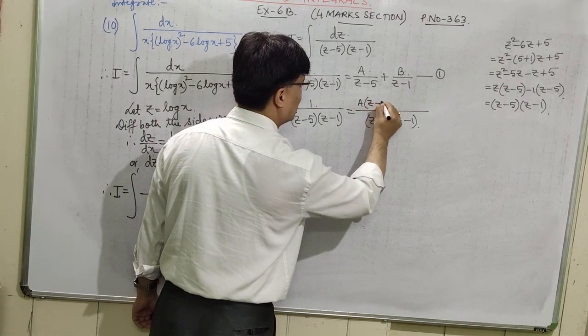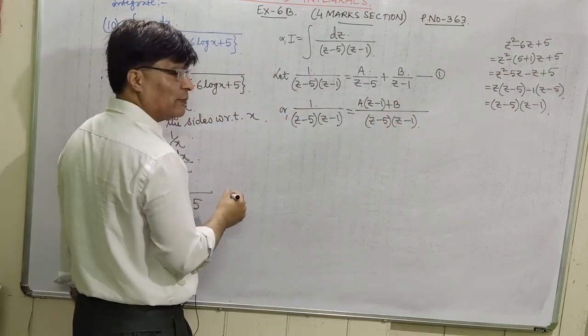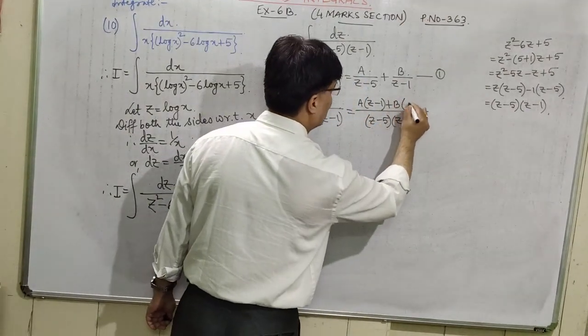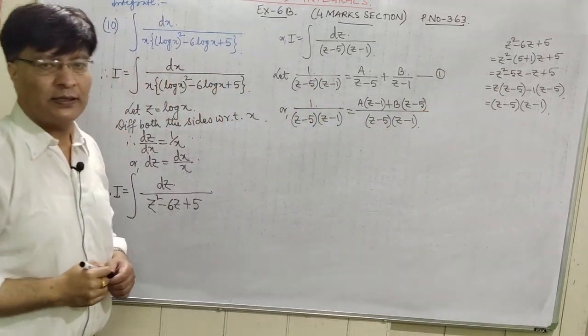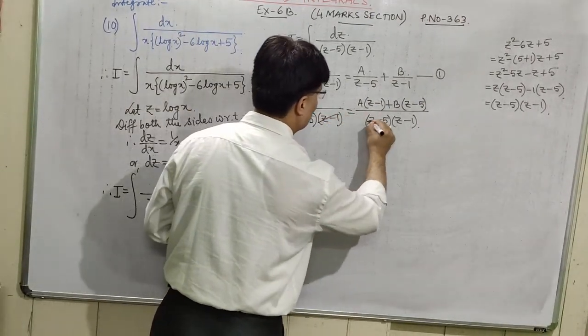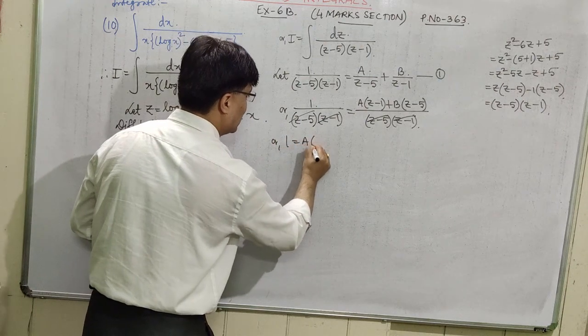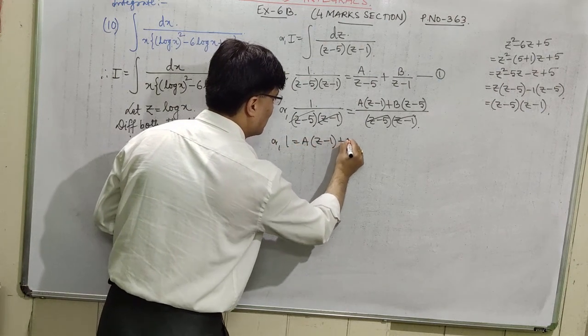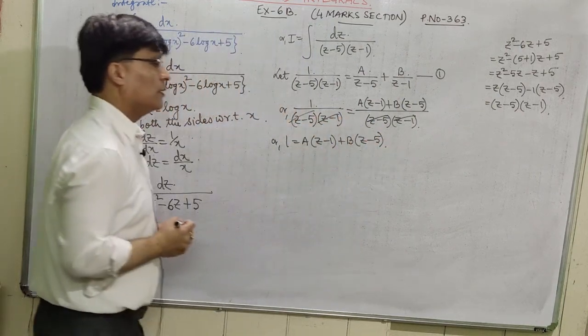So A into z minus 1 plus B into, again this LCM is divided by z minus 1, so it remains z minus 5. So B into z minus 5. So I think you have understood it. Okay, so you can cancel these denominators, or 1 is equal to A into z minus 1 plus B into z minus 5.